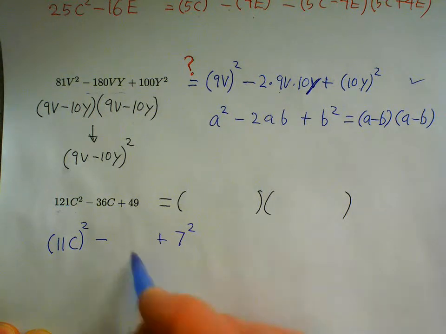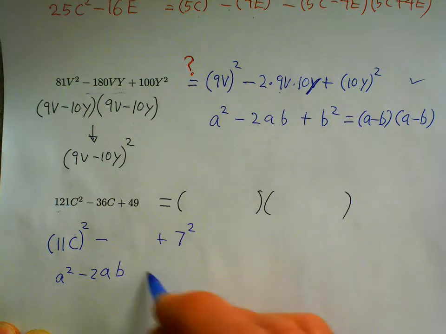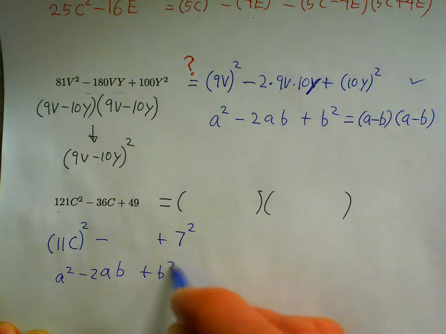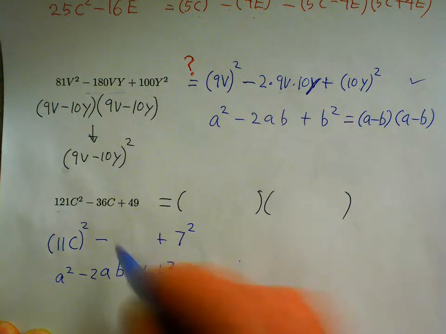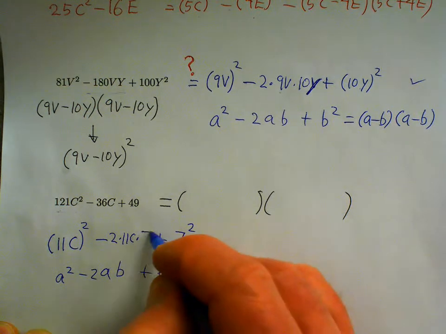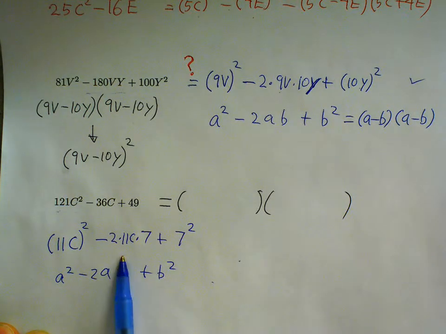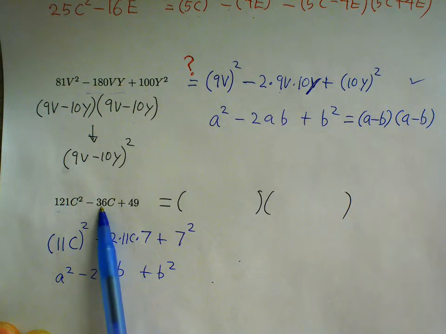So is the middle term, does it have the right form, minus 2ab? So negative 2 times 11c times 7. Well, the middle term is different than minus 36c.